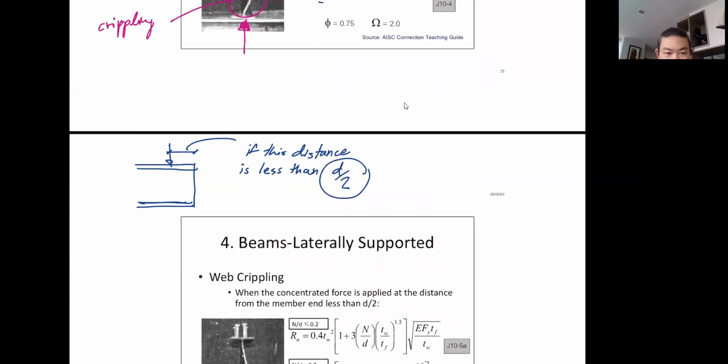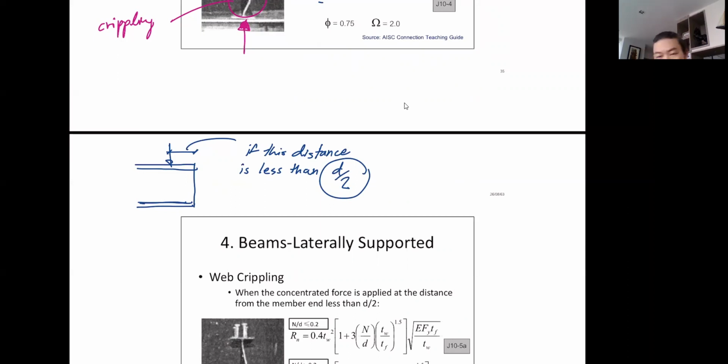They allow only d over there, but here is d/2. So if this distance from the edge of the beam to the load is greater than d/2, then you are excused from checking this failure mode.